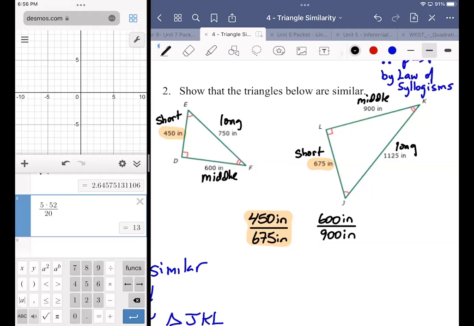You can go whatever order you want as long as you're consistent. So if you want to go big to small or small to big, it doesn't make a difference. Oops, highlighted the wrong 6 to 9. And then lastly, it would be 750 inches to 1125, also inches.